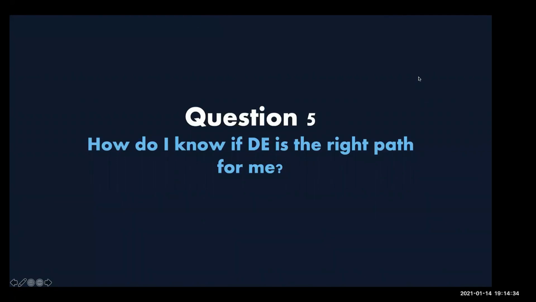But if you think writing code or solving problems is challenging for you, or it's not your favorite part of the job, then I say you probably need to think about some other kind of data related role, like data analyst, that can probably make the job a little bit easier. So that's kind of my take on this topic.